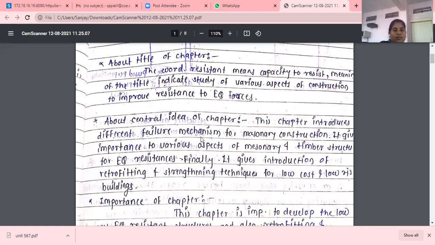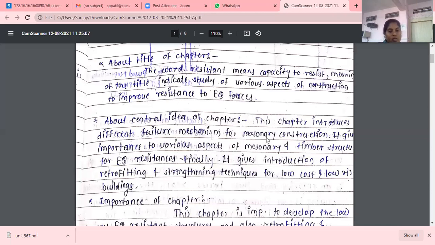Below this, write down the central idea of the chapter.